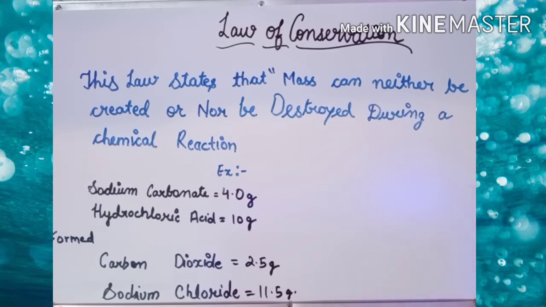Here I have also written an example for you. This is a very easy example. These are the four names and the values given here. Sodium carbonate 4.0 gram, hydrochloric acid 10 gram. And when both are mixed they form carbon dioxide 2.5 gram and sodium chloride 11.5 gram.